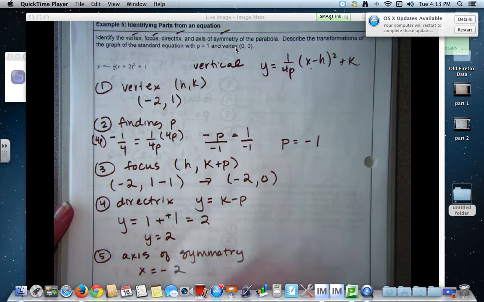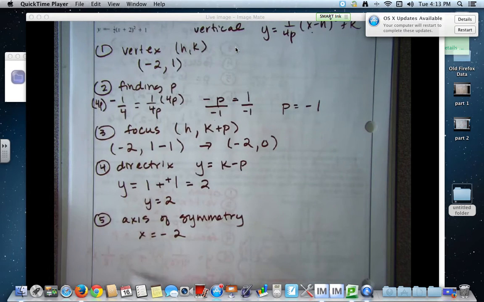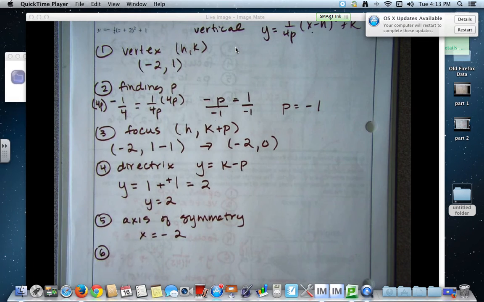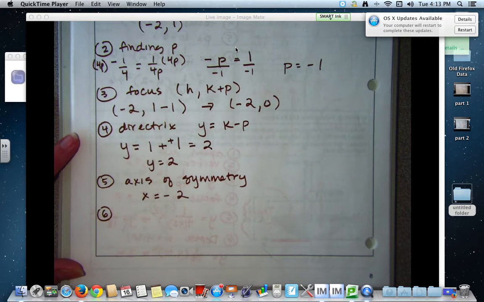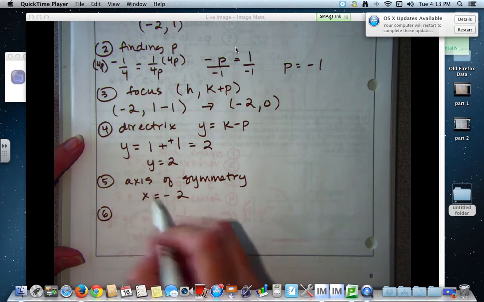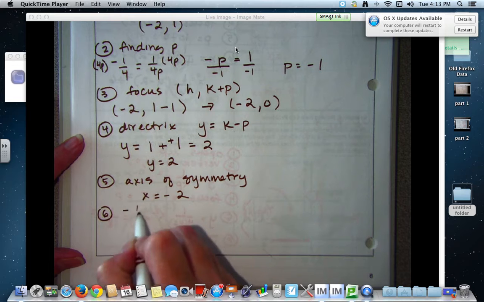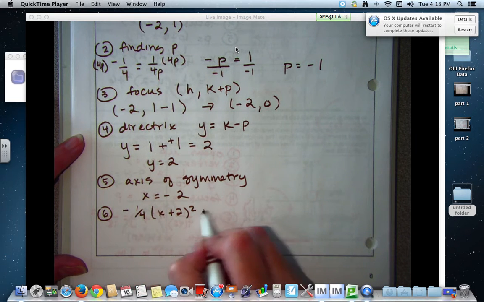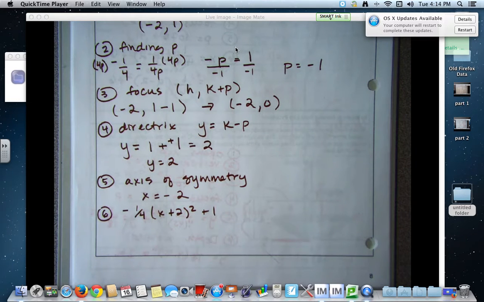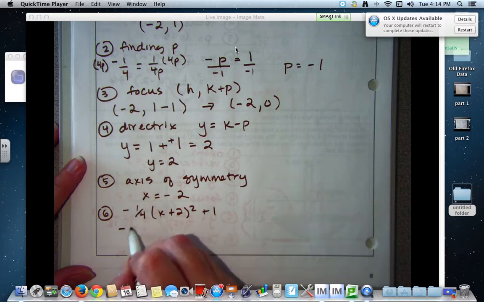And we're supposed to describe the transformations of the graph. So we've been doing this for a while. We have the equation -1/4 x plus 2 squared plus 1. We know that we have a vertical shrink.